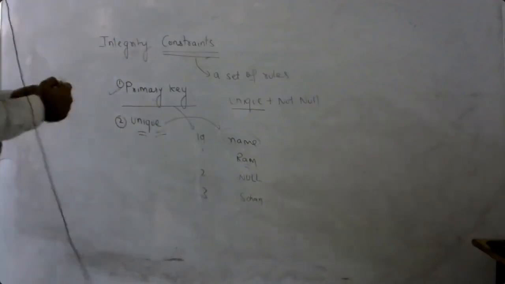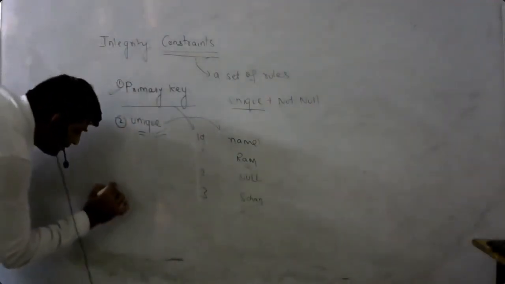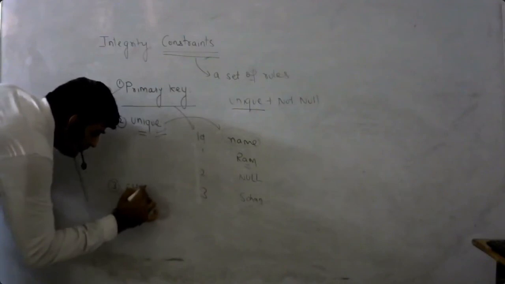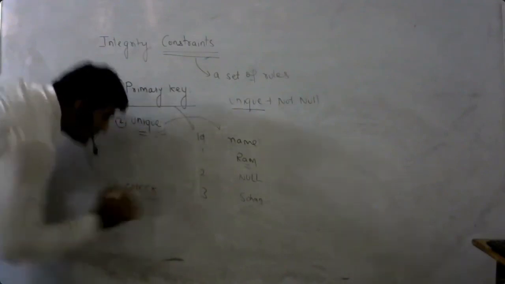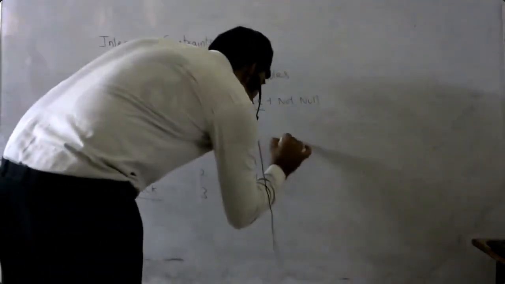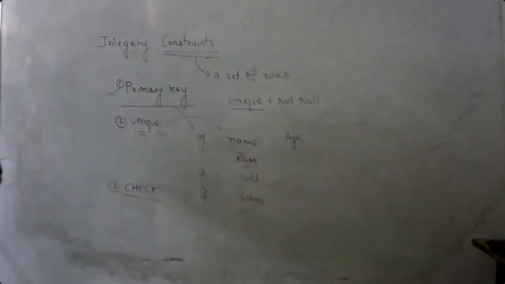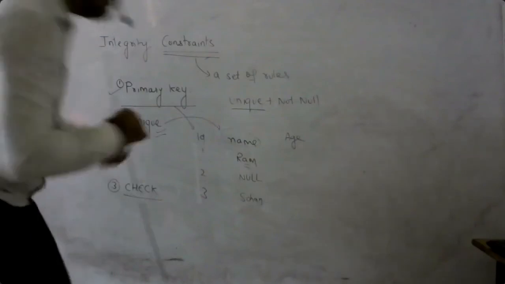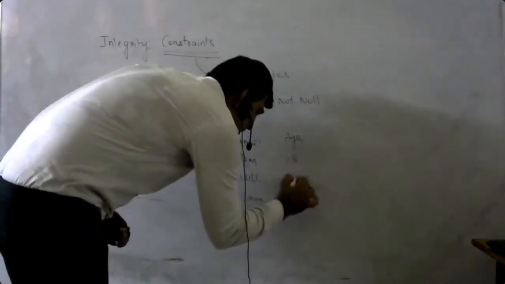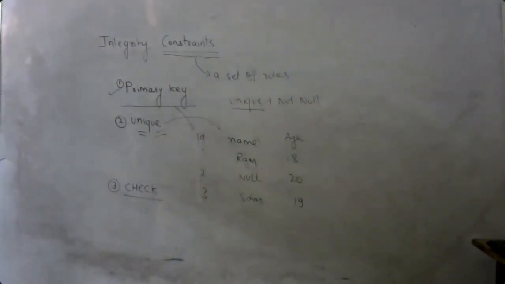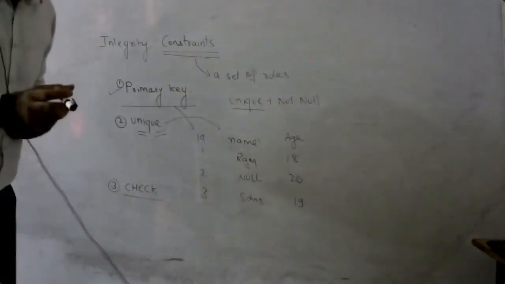Okay. Now the third constraint is check. Suppose there is one more attribute, age. Now I want to apply a check here. A student who is at minimum 18 can apply for first-year admission in our college or university. So what is the constraint?